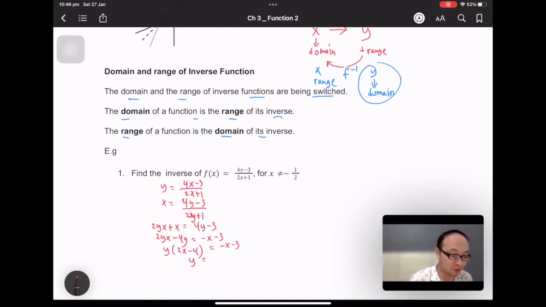So y equals minus x minus 3 over 2x minus 4. Or I can just rewrite as x plus 3 over 4 minus 2x. So I switch the position of the denominator and make it positive in the numerator.